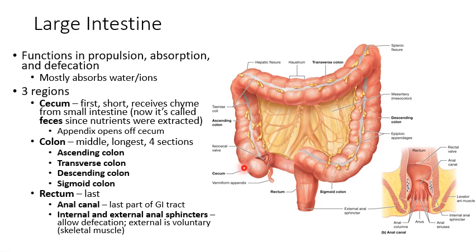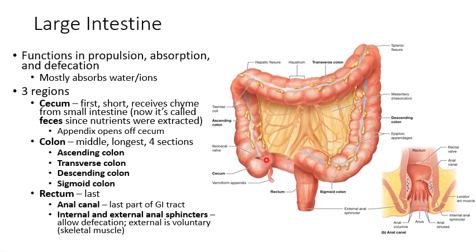But actually, as soon as it enters the large intestine in the cecum, we don't call it chyme anymore, we call it feces, because nutrients have already been extracted from it and absorbed by the small intestine. So chyme is nutrient dense, feces is nutrient sparse, since the nutrients have already been extracted.